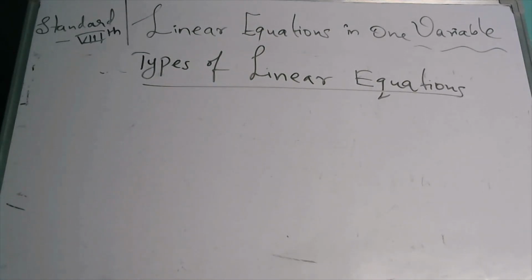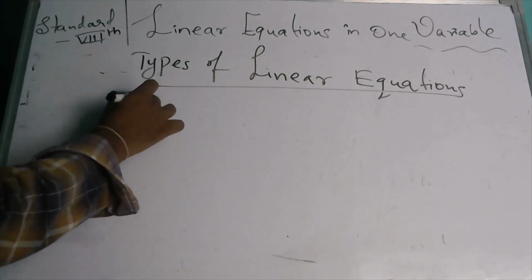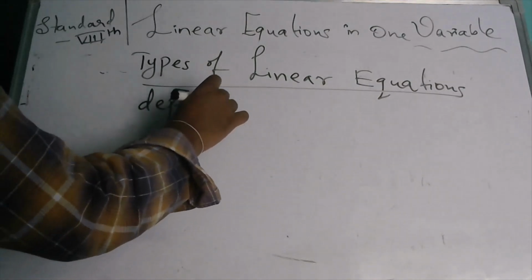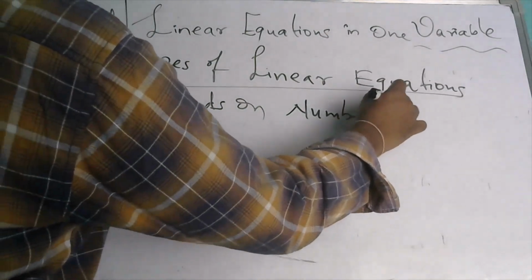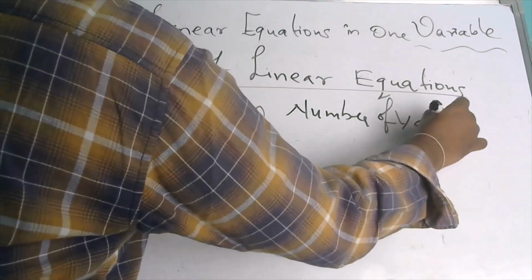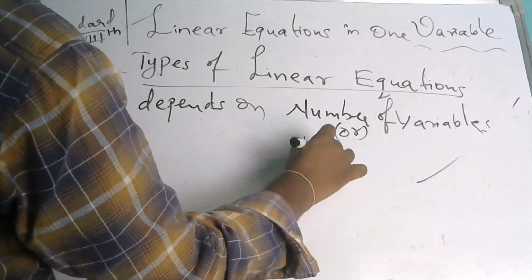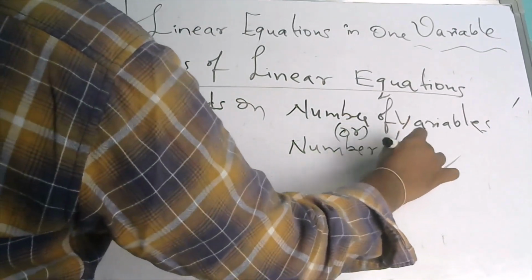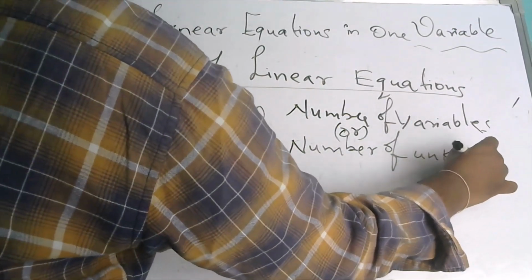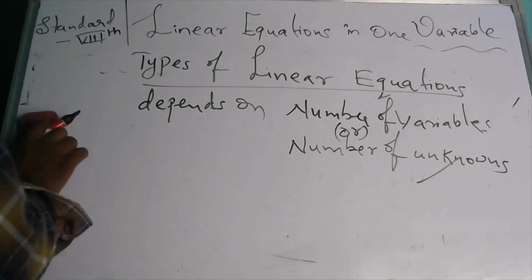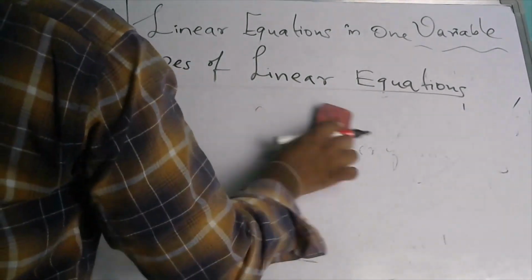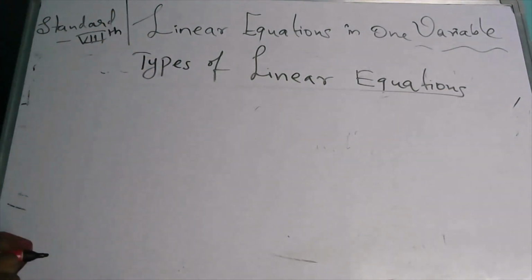That depends on the number of variables, or number of unknowns. You can categorize depending on the number of variables or number of unknowns. So what can you say? If an equation contains only one variable, that is called a linear equation in one variable.